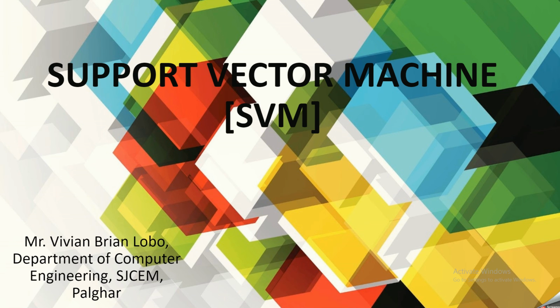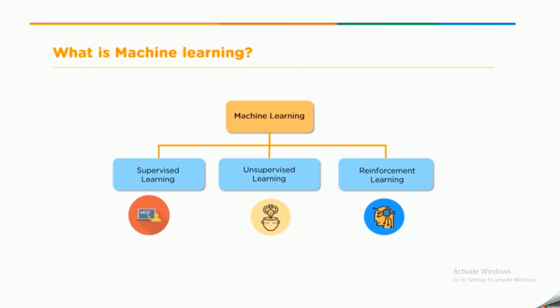Today we are going to discuss SVM, that is support vector machine. Before going to understand what we mean by support vector machine, let us quickly recapitulate what we mean by machine learning and broadly classify machine learning techniques.